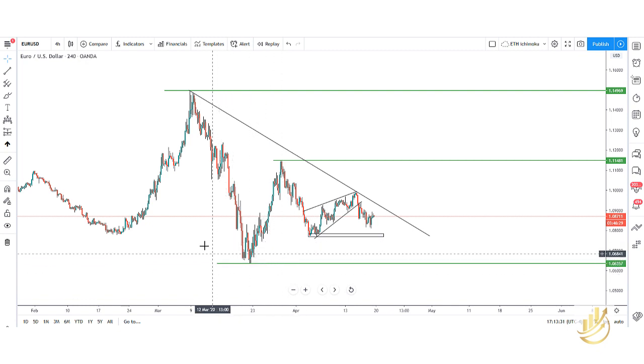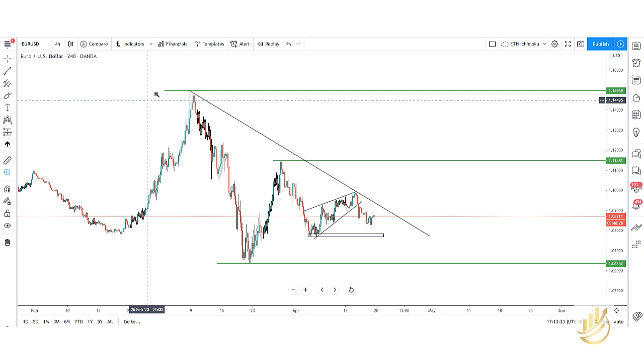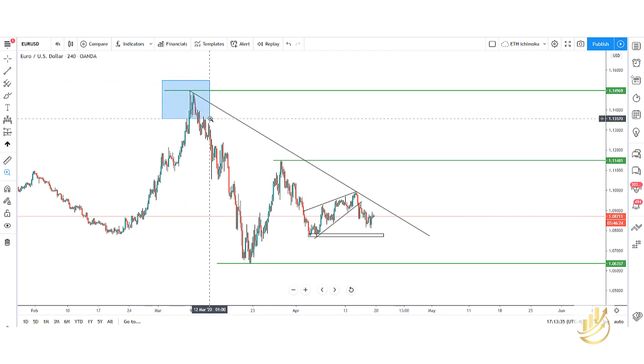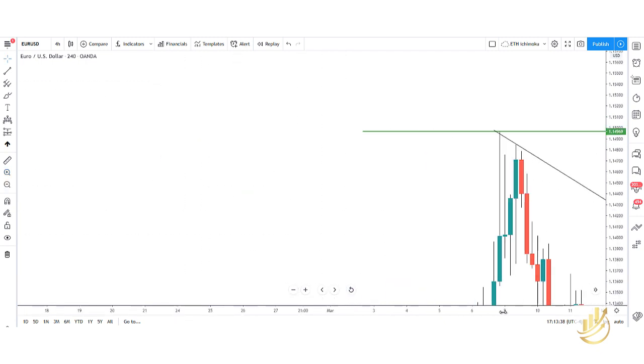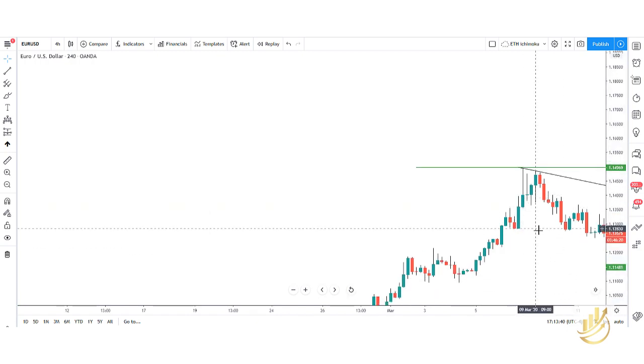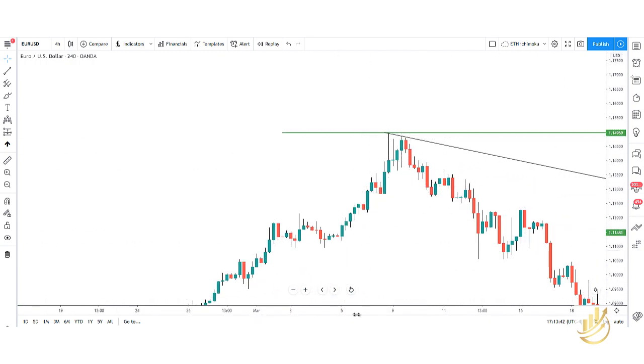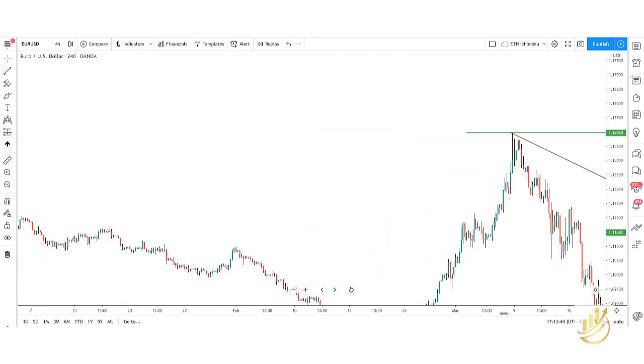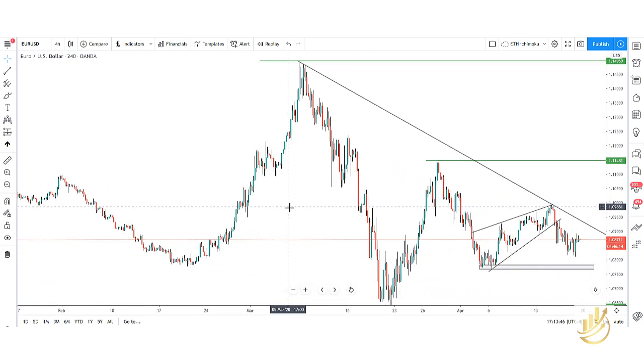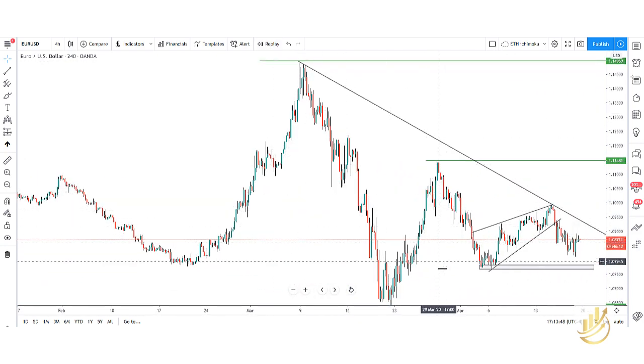If I want to understand price action here, I will be interested in what price is doing here. Do we see any rejection here? Do we see any hammer or any pin bar here? If we are seeing that, that means buyers are not interested at that price level.